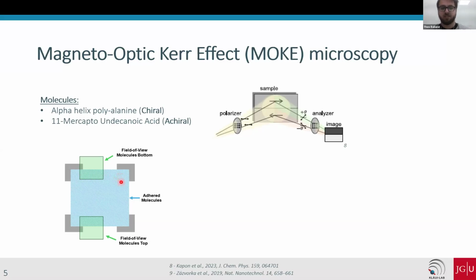To investigate the effect of the chiral molecules on the skyrmions, we use magneto-optical Kerr effect microscopy, which can image the out-of-plane magnetization of the sample, creating contrast between areas with opposite magnetization.